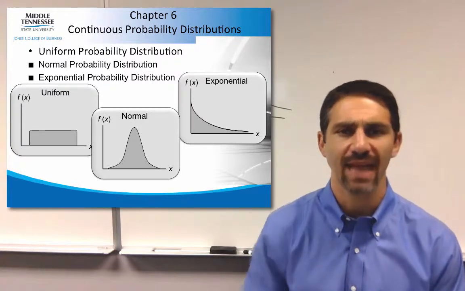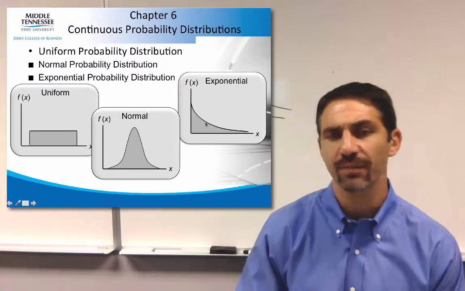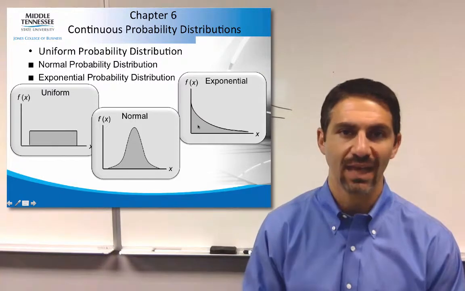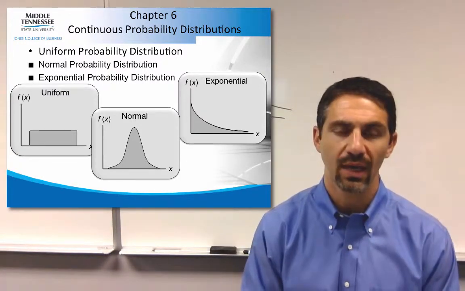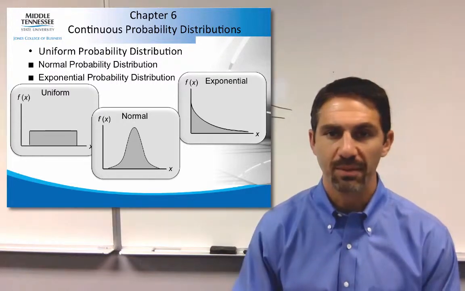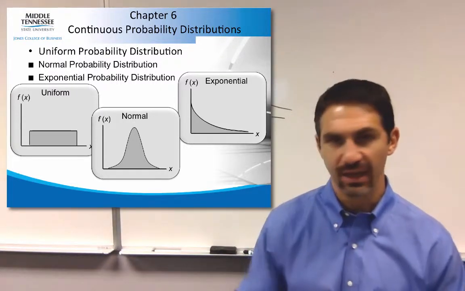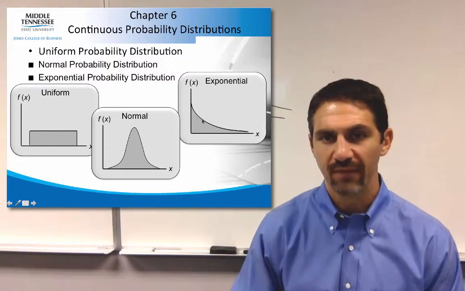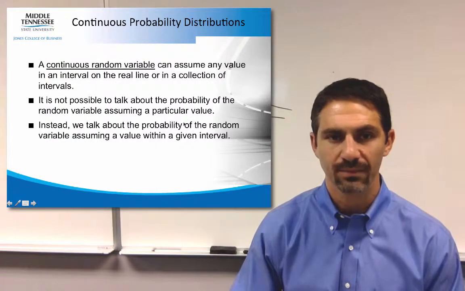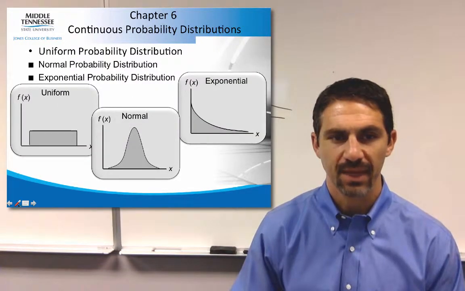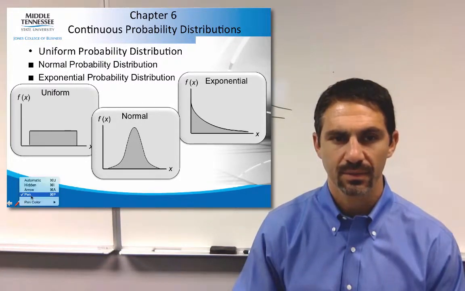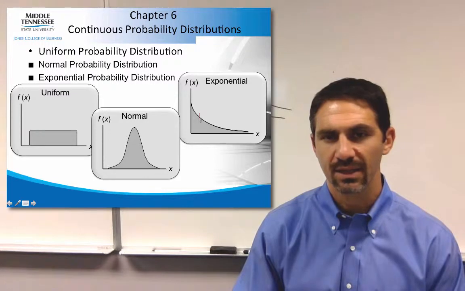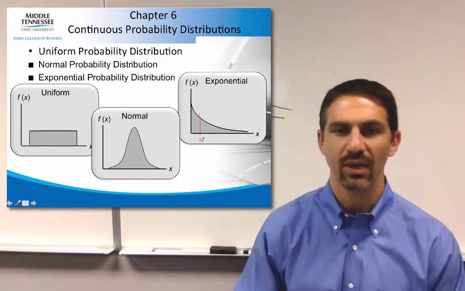Where would you have something like exponential, as you see over here? Well, that's usually like waiting lines or something like that. If you go to McDonald's and order some food, it probably doesn't take more than 2 minutes, and you're in and you're out of there. So you would be from, let's say, here over. Need my pen in this case. There we go. Got our pen. And so let's say that's 2 at this point.